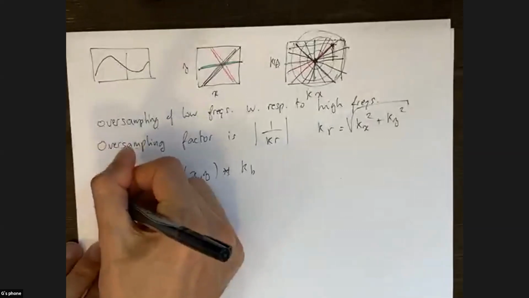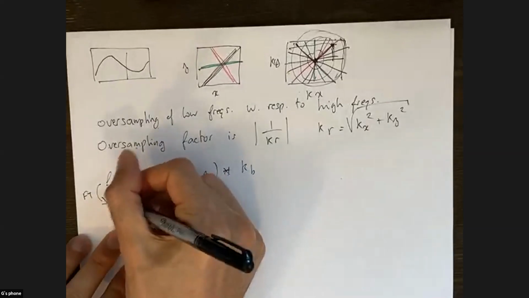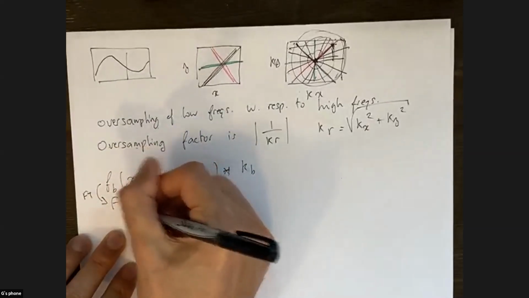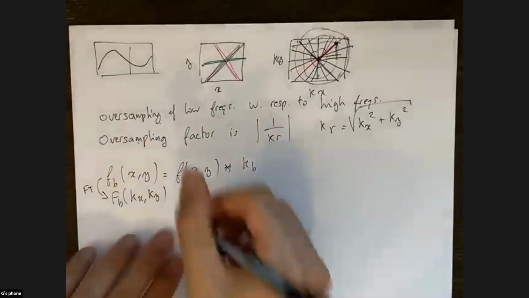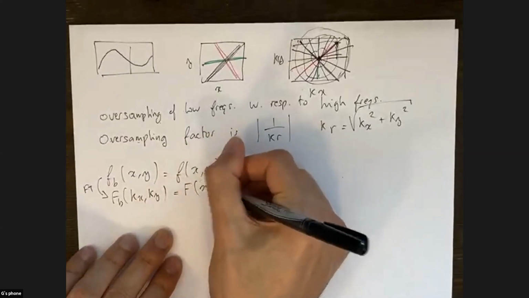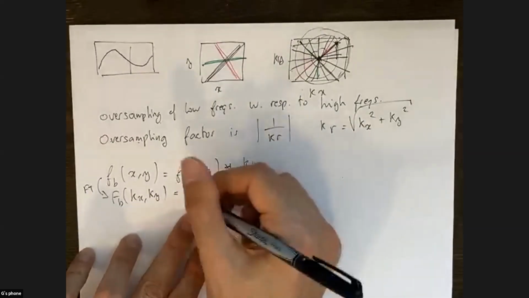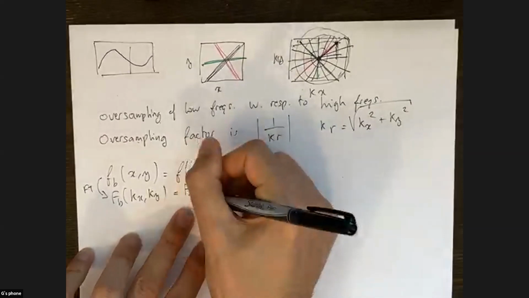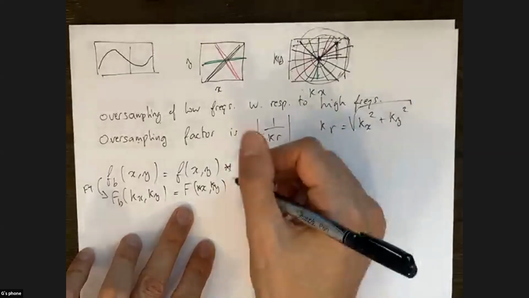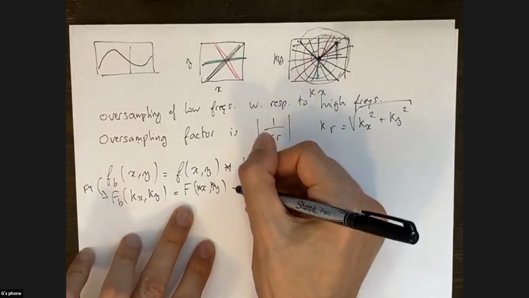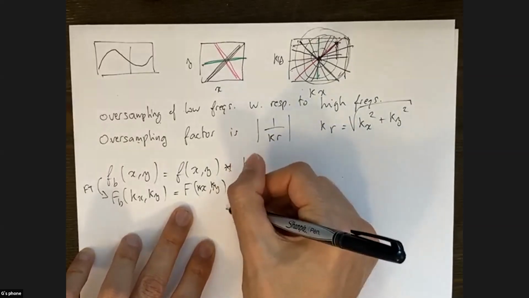If we go in the frequency domain to the Fourier transform, we can take the Fourier transform of the reconstructed image, which is FB of KX, KY, and then the Fourier transform of the original tracer distribution, which is F of KX, KY. I use a capital letter to say it's a Fourier transform. And then one notable property of the Fourier transform is that when you take the Fourier transform of a convolution, it becomes a simple product. So now it's just a multiply.